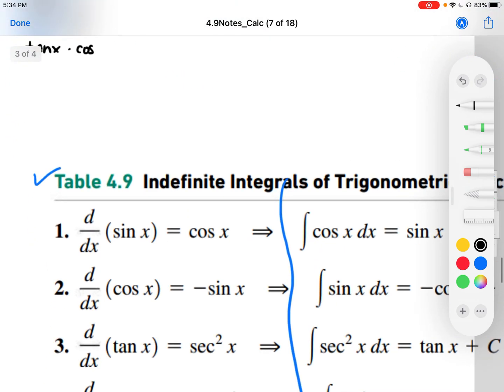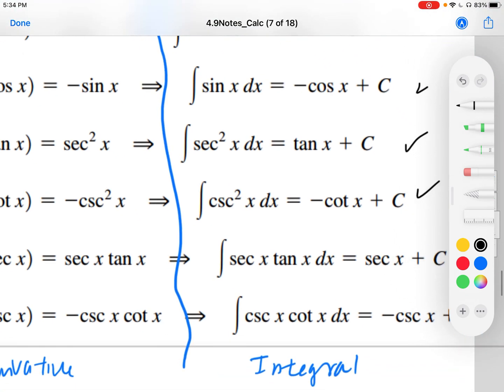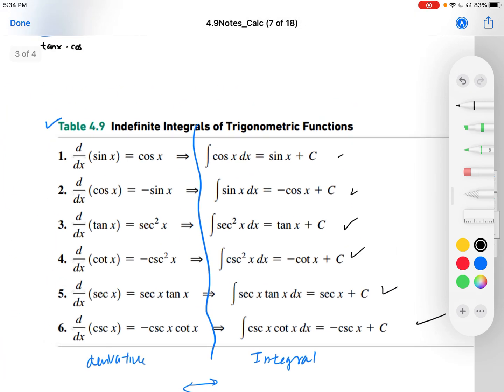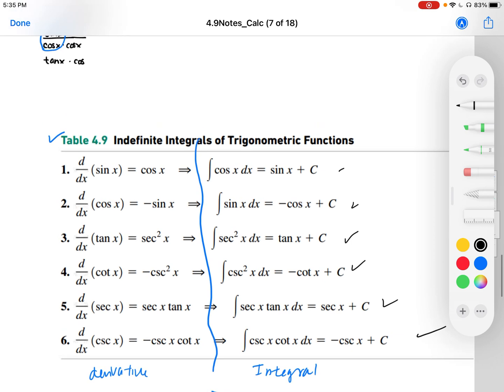Is that an integral that I can work with? Well, not quite. I have my tangent, but if I had a secant, I can work my way to secant.